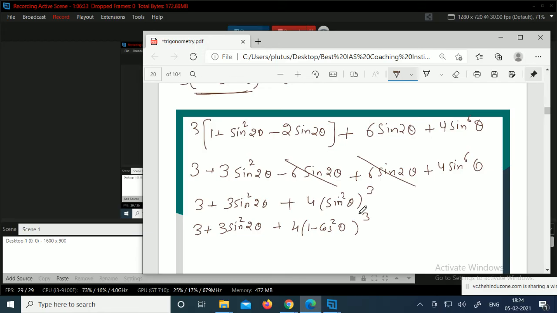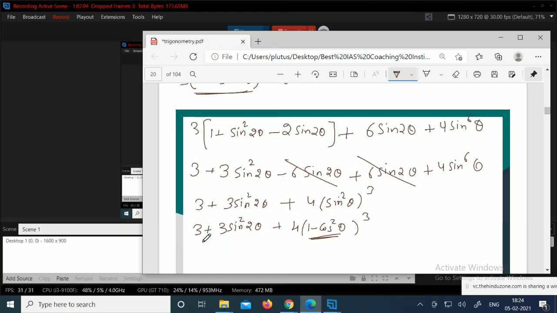Yes, sir. If I open this, then what is the value? If I open this expression, what will be the value? 4 minus 4 cos cube theta. No, the whole cube.